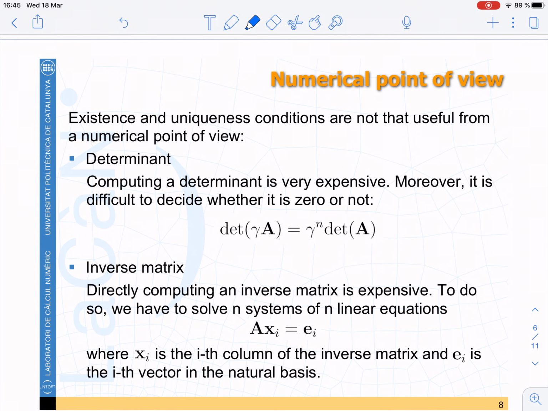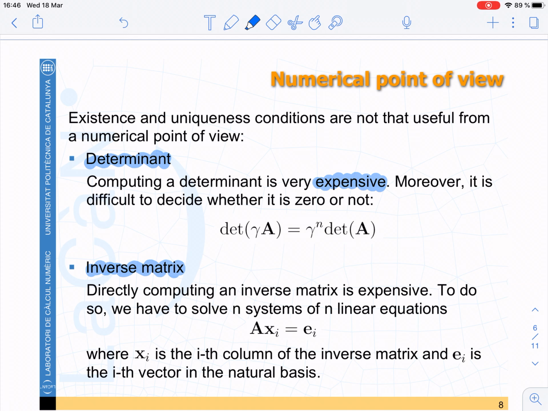Okay, a very important message is that from a numerical point of view, these existence and uniqueness conditions are of little relevance, and the notion of determinant and inverse matrix, they play a rather minor role. Okay? Regarding determinant, computing a determinant is very expensive. It involves a lot of operations, and out of that, it is difficult to decide whether it is zero or not.